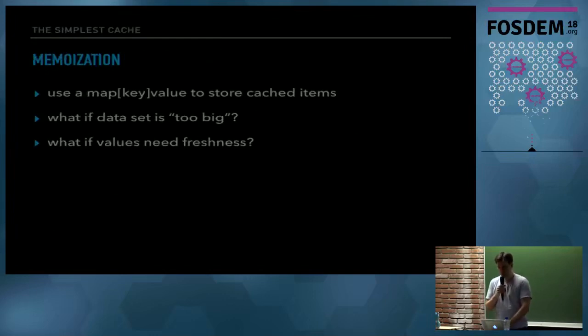Okay, so the first simple cache is memoization. You have a kind of a map with keys and values to store cached items, but it's kind of limited. If you have very big objects or a lot of objects to store, you can run out of memory.